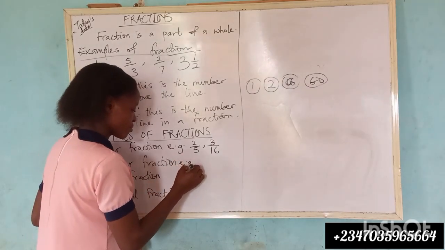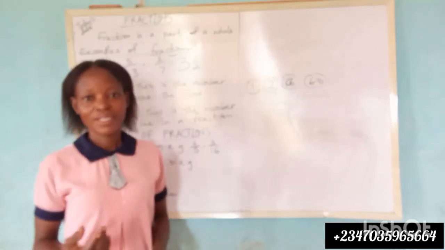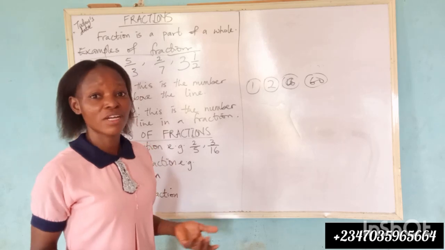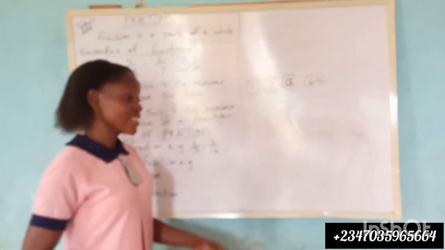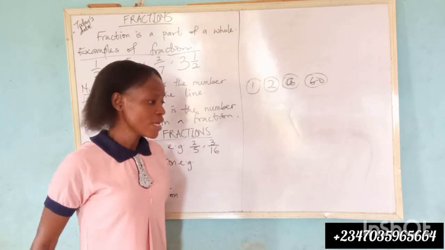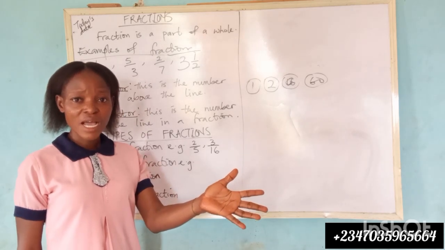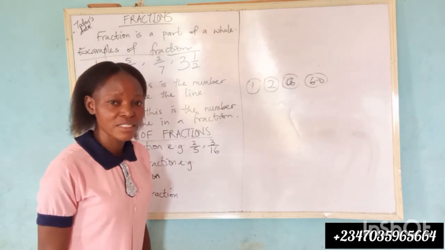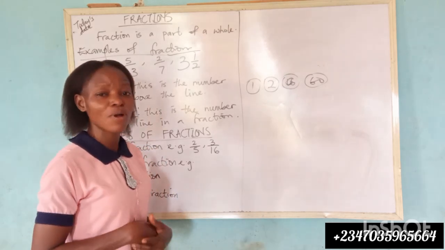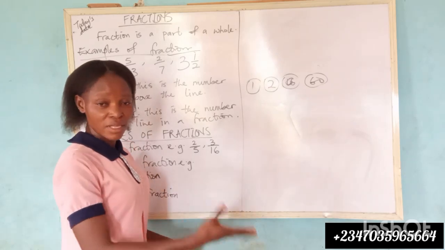Improper fractions. Improper is the opposite of proper. It is improper when you see a 2-year-old child trying to carry me. Definitely, that child's neck will pain because it is improper. It is not possible for my boy of 12 years to sit on the legs of a 4-year-old, because I know that one does not have the capacity to carry him.